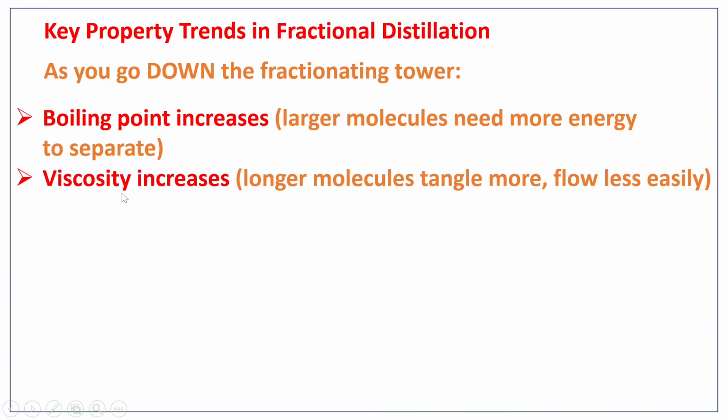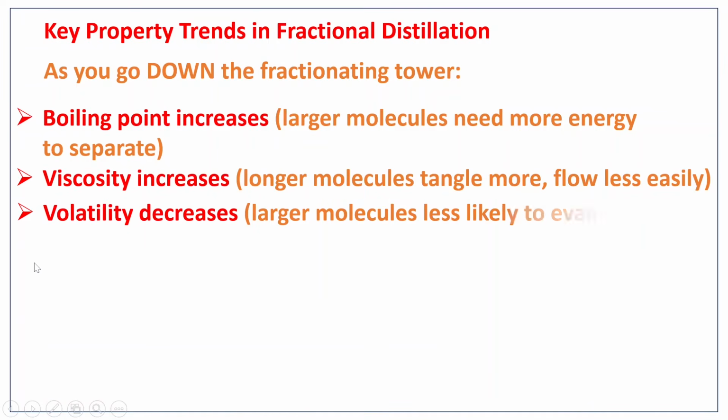Then secondly, viscosity increases, meaning that longer molecules tangle more and flow less easily. So as you go down, molecules begin to flow less easily, meaning that viscosity increases. Then the next one is volatility.